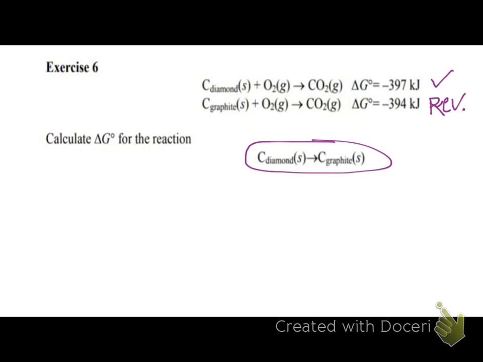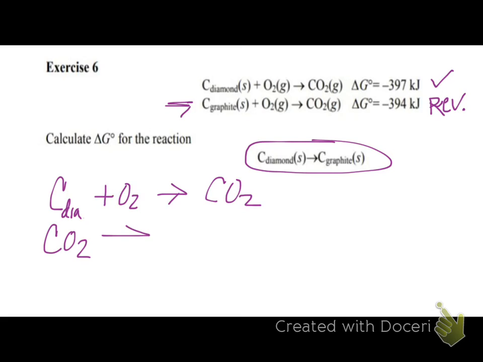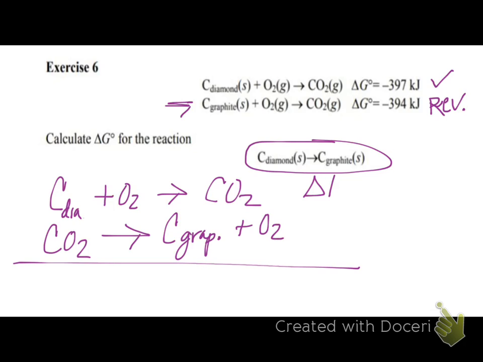So we're going to keep the carbon, and we're just going to abbreviate diamond as DIA, plus O2 going to CO2, and we're going to reverse this one. So we're going to say CO2 goes to carbon graphite plus O2. And of course this one stayed the same, out of habit, I almost said delta H, it is negative 397 kilojoules per mole.